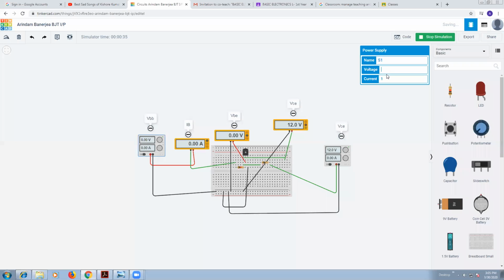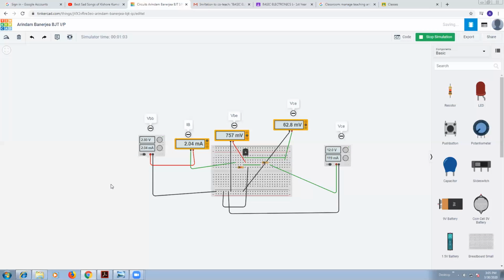Then you have to vary this VBB, that is 0, 0.2, 0.4, 0.6, 0.8, like that up to 12 volt. Got it, everybody? It has become 12 volt again, but forget about VCC.